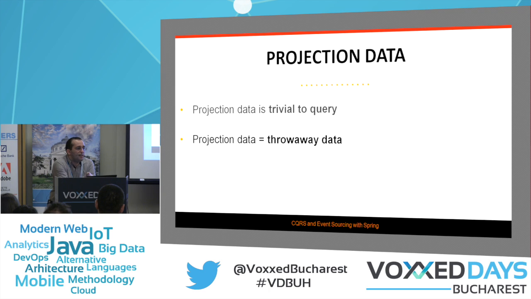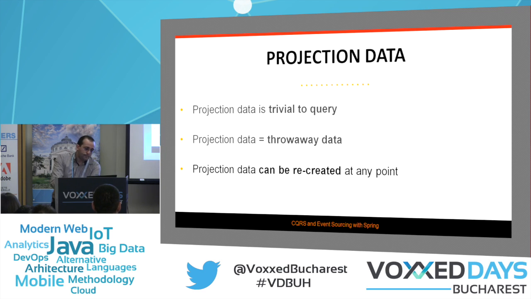Like if you're doing an e-commerce store or a CRM, you're not dealing with hundreds of millions or trillions of events that really are going to be problematic when you want to project them. No, you're dealing with, let's say, a manageable number of events, and reprojecting all of the event stream is not really going to take that much time. However, we're going to look at alternatives for that.